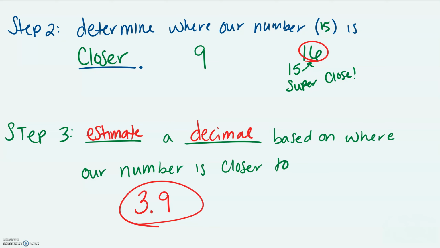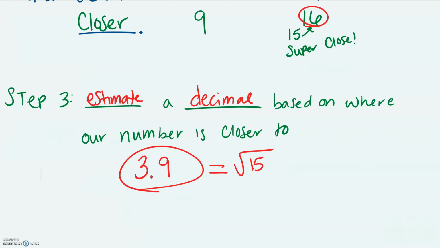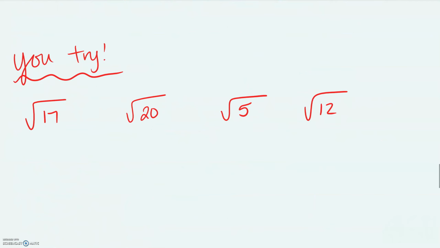So 3.9 is going to be the square root of 15. I hope this makes sense. Now I want you to try these 4 problems. Pause the video and give them a try.